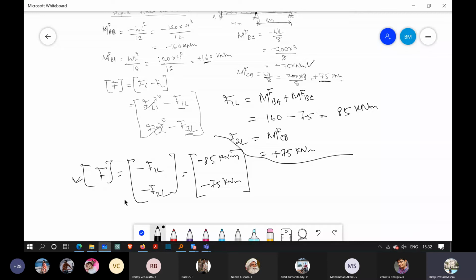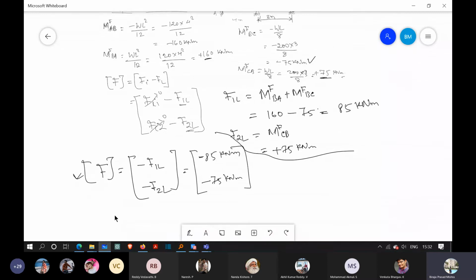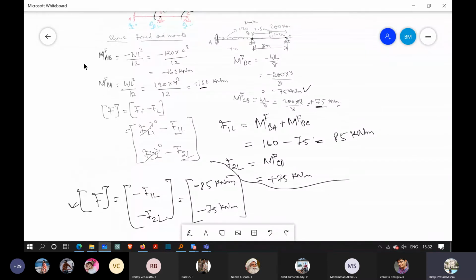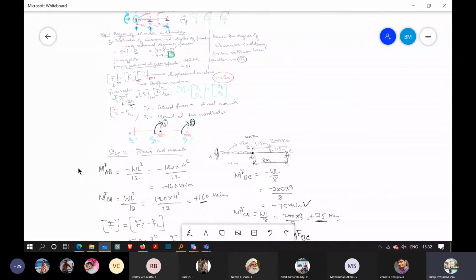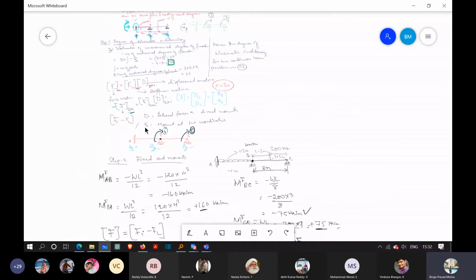Okay, before we go to the next step, just pay attention here. We have determined the force matrix, and we have also determined the displacement matrix.